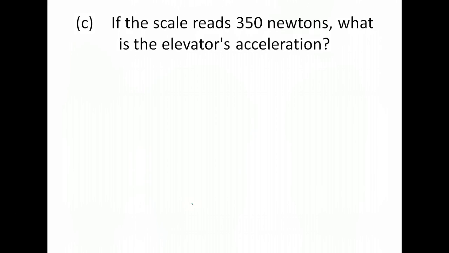Now, if the scale reads 350 newtons, what is the elevator's acceleration? Well, if the person was weighing 700 newtons, and now it's weighing half that, we have to have half the acceleration of weight, so it would be half of 9.8 or half of 10, which would be around 5 or 4.9 meters per second squared.